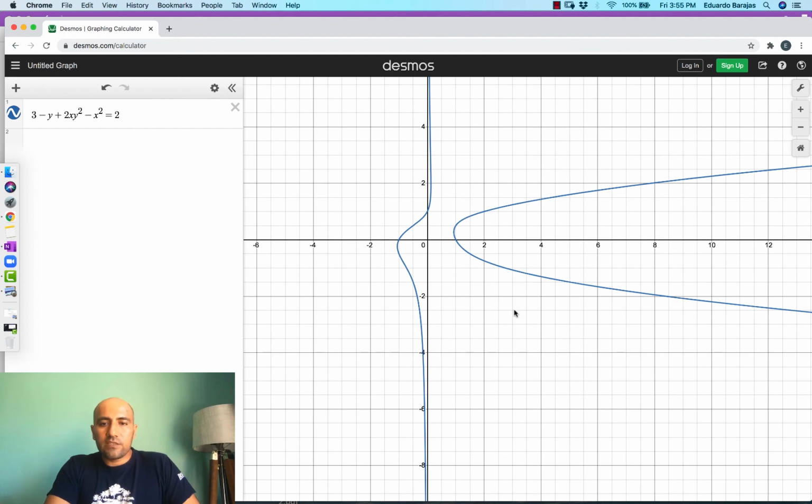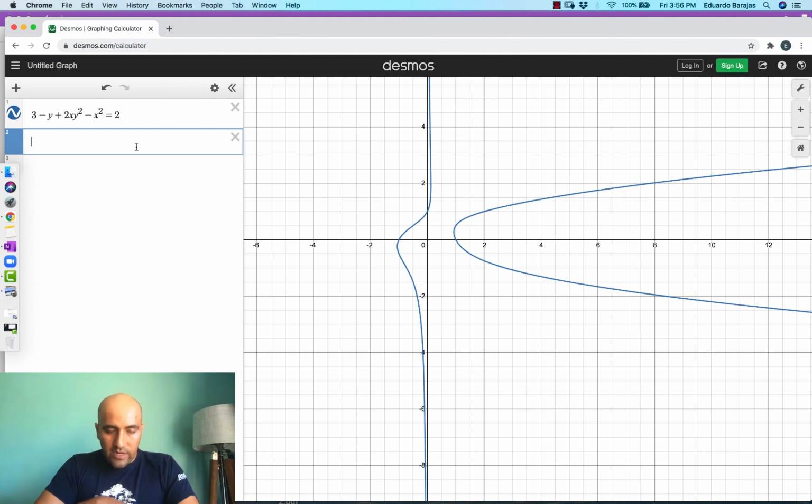Okay, so this is what our graph looks like. Very interesting, weird-looking function, right? We can understand why it is difficult to think of this as solving for y. This isn't really a function. It doesn't pass the vertical line test. But we're able to get by that anyway by using implicit differentiation.